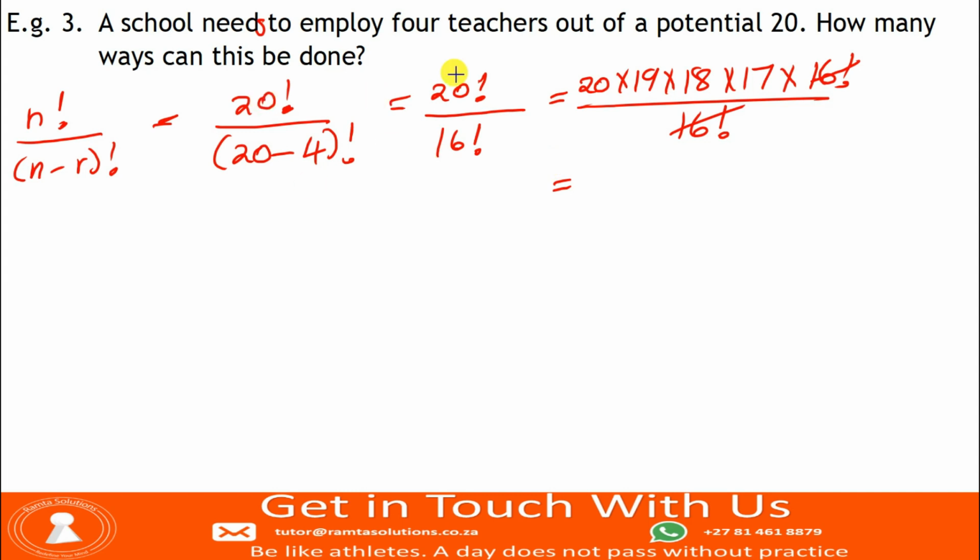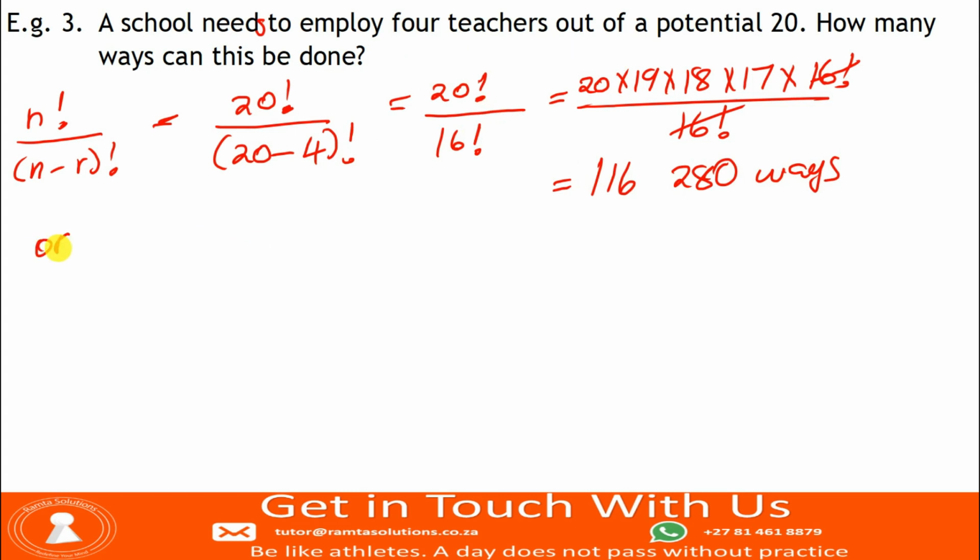However, just press this on your calculator, 20 factorial over 16 factorial. What is it? 116,280 ways that they can employ 4 of the 20.